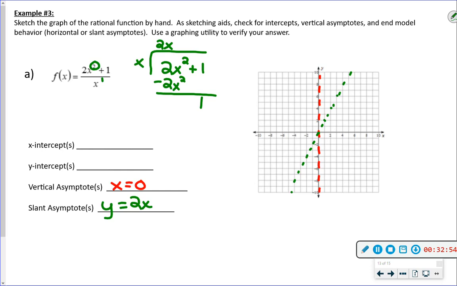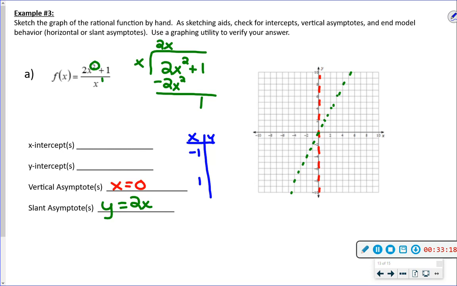And again, your graphing calculator won't show this to you. Yes, I know it asks for intercepts, and yes, I will answer that. But I'm just doing all the stuff we already know how to do. I'm going to make my t-chart. You can get it off your calculator. My vertical asymptote's at 0, so I'm going to pick numbers on either side of 0. I'm going to use -1 and +1.